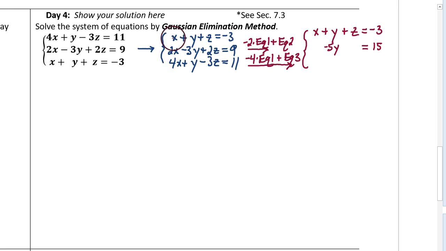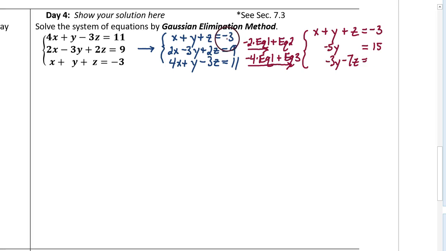Negative 4 times x is negative 4x. When you add that to 4x, that's eliminated. Negative 4 times y is negative 4y. Negative 4y plus 1y is negative 3y. Negative 4 times z is negative 4z, and negative 4z plus negative 3z is negative 7z.